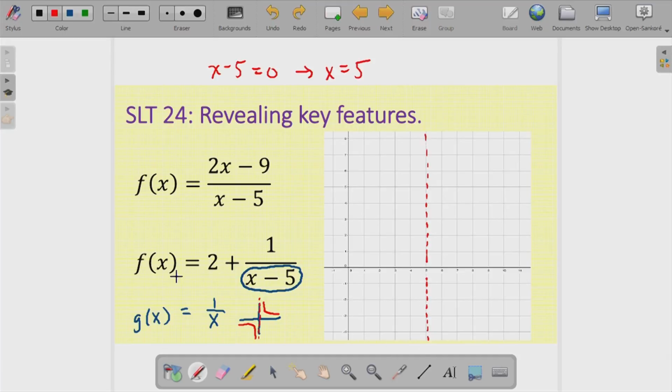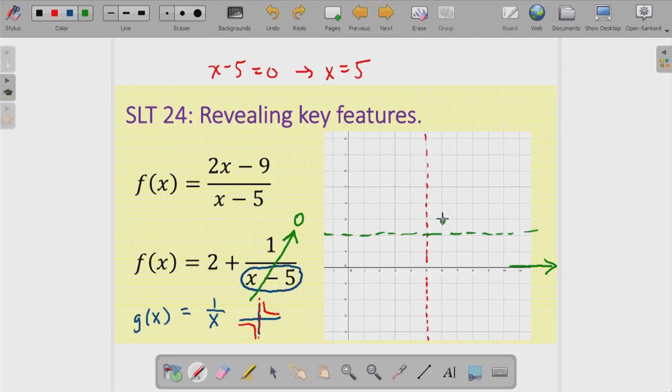The other thing we can see from this transformed expression is that if x is a really large number, way far out on the right end of the number line, then we're going to get 1 divided by a large number, which is going to be close to 0. So when x is large, this expression is close to 0. And then when you add 2, the result will be close to 2. So all that is to say the horizontal asymptote should occur at the line y equals 2.